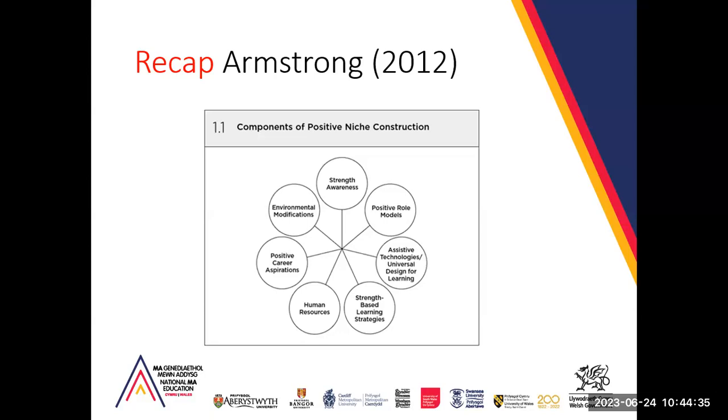So it's about changing that immediate environment in a positive way to ensure that it's not restrictive for the children. Armstrong identified 7 components to do that. And on the Pebble Pad activities, you were asked to give a brief description around each of those, and then to reflect on your own practice and whether you're able to see that within your own practice.